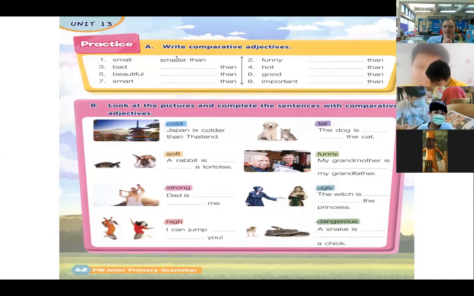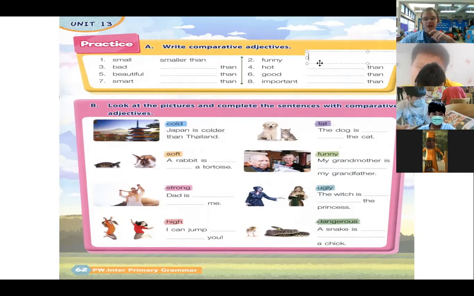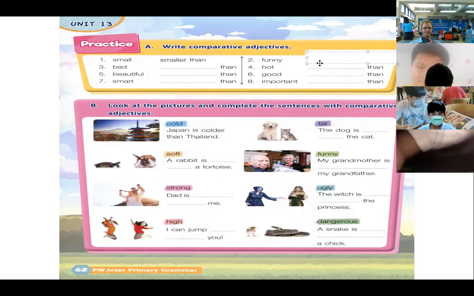What would the comparative adjective for funny be? Remember the rules? What do you guys think? Anyone? Let's take a guess. Funnier.